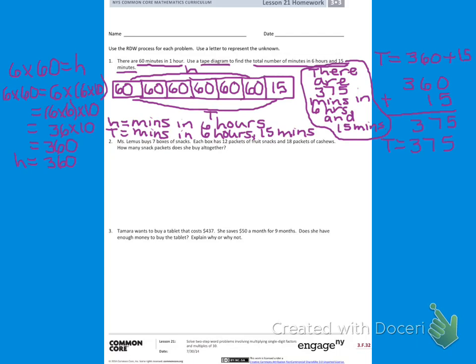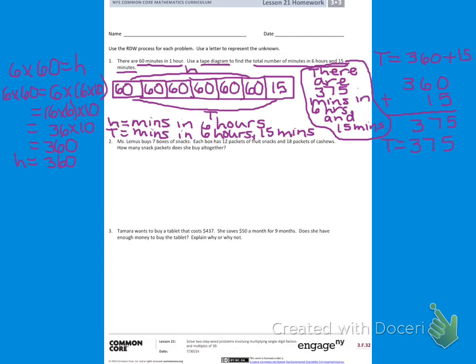Now let's look at item 2. Ms. Lemus buys 7 boxes of snacks. Each box has 12 packets of fruit snacks and 18 packets of cashews. How many snack packets does she buy altogether?